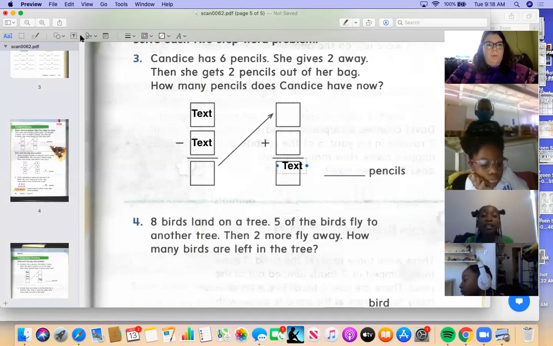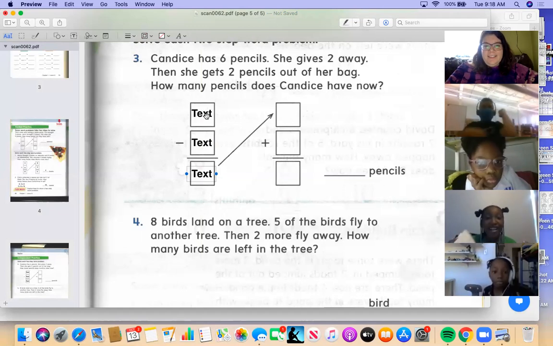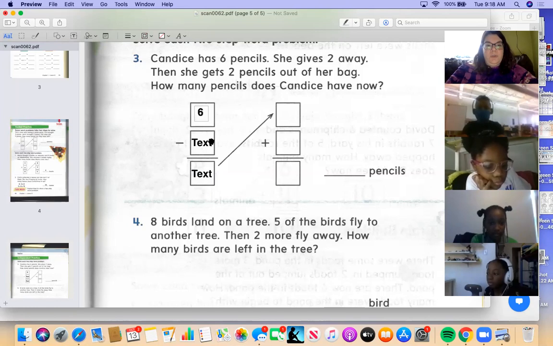What minus what equals what? Anybody figure it out? Brooklyn, did you? I think I see your head. So the first step, she has 6 pencils. She gives 2 away. So that means we're taking away 2.